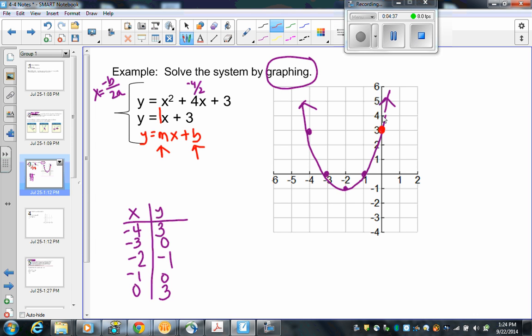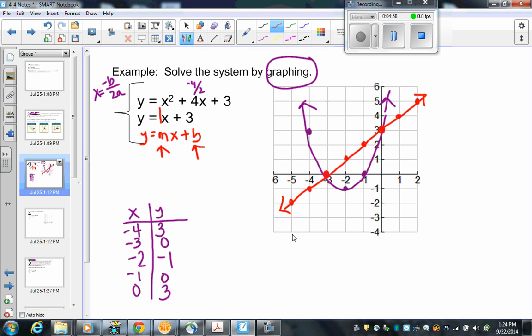So we rise 1, run 1, rise 1, run 1. We can also go backwards, so down 1, left 1, down 1, left 1, down 1, left 1, and we can keep going. So here is our linear equation y equals x plus 3.